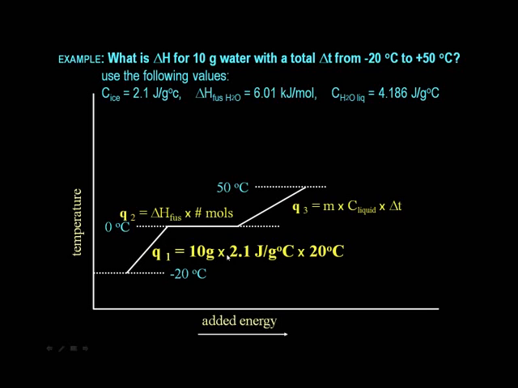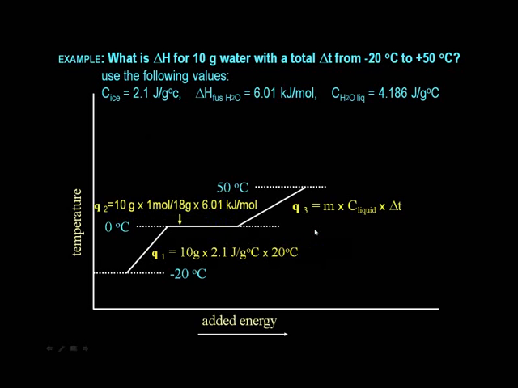So here we have 10 grams. Our difference in temperature is 20 degrees. Now there are different specific heats for water depending on the state of matter. So it's different for ice, solid, than it is for liquid, which is why I have 2.1 joules per gram degree C. Change of temperature is 20 degrees C. Q2, 10 grams.